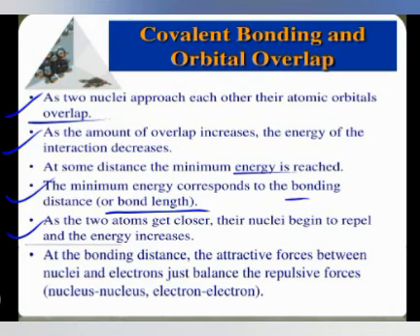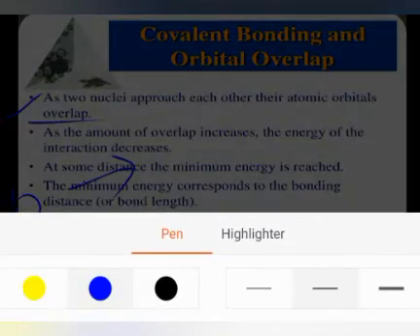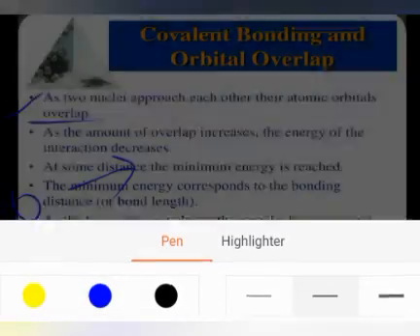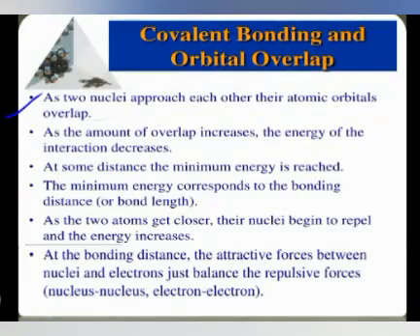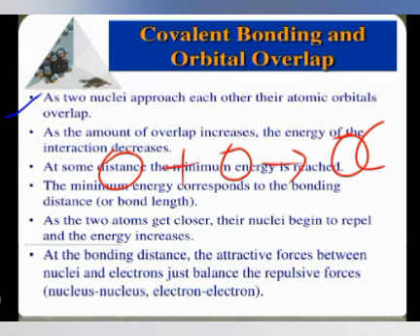As the two atoms get closer, their nuclei begin to repel and energy increases. At the bonding distance, the attractive force between nuclei and electrons just balances the repulsive force, that is nucleus and electron repulsion. My question is, we studied already that two atoms come closer to each other, like hydrogen, and overlap and form a bond.